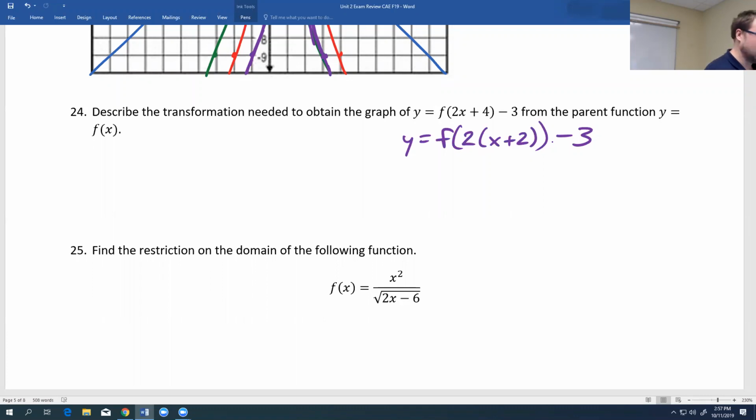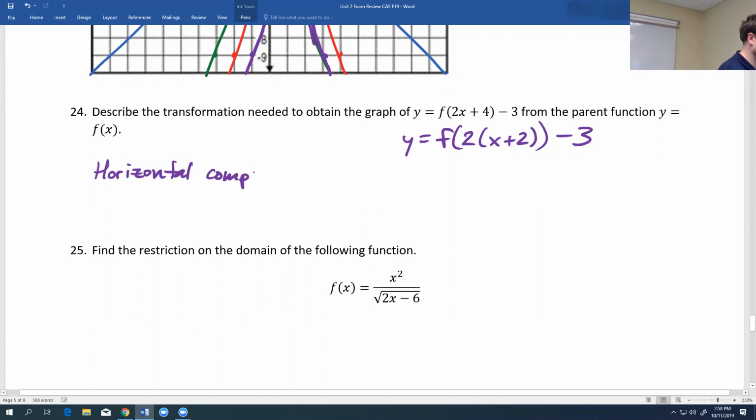Compression. Good. So we have a horizontal compression, and you take the reciprocal, so by a factor of 1/2.